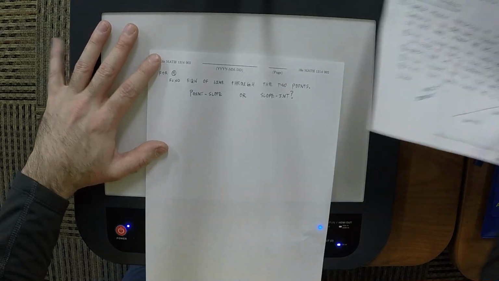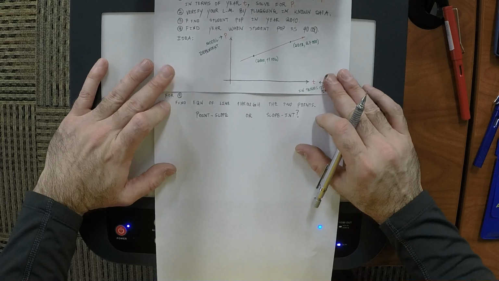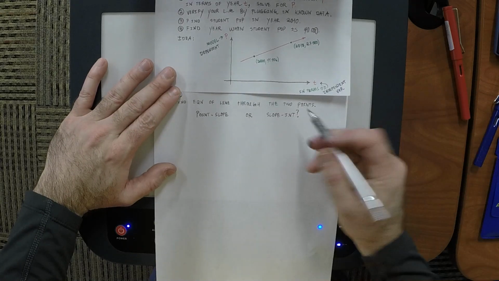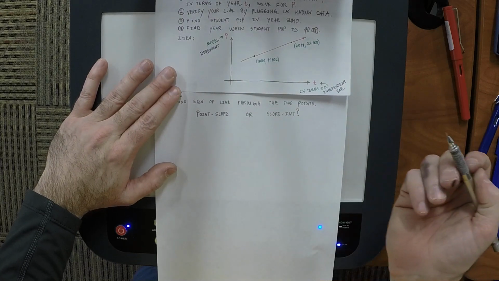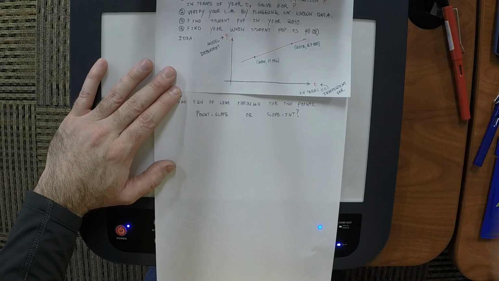Point slope? Why point slope? Right. So in the end, you really can only use the slope intercept form if you have an intercept already.